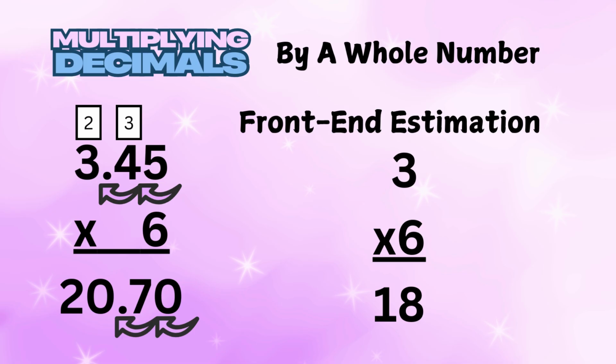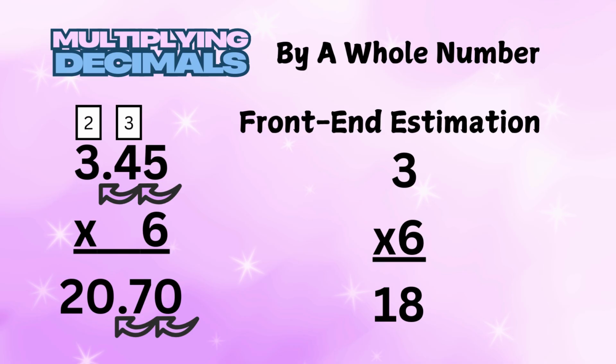And let's work it out. Here, I would start off by multiplying the 6 by the 5, which would be 30. I would put my 0 down in my answer, and I would regroup the 3. Following that, I would multiply the 6 by 4. 6 times 4 is 24.